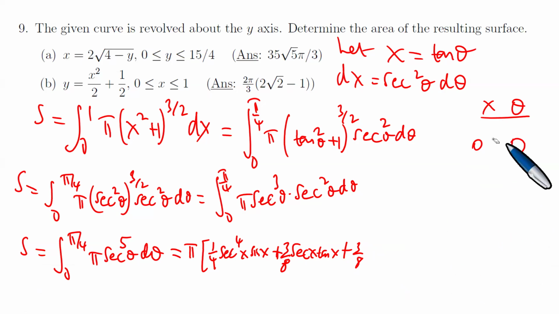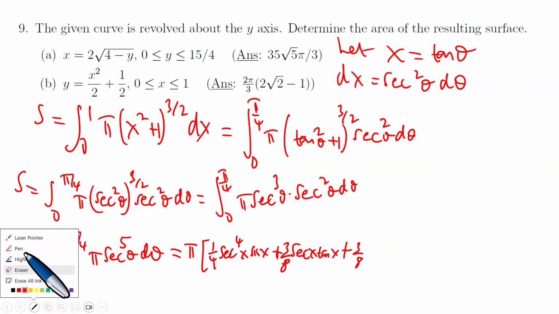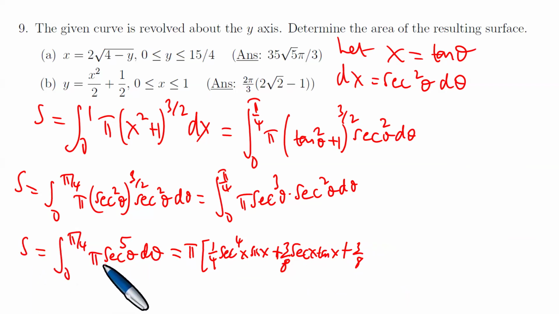By using integration by parts, we did it last time when we were doing the 142 module, finding the integral of the sec to the power 5. So it becomes 3 over 8, the ln of tan x, or rather theta. We're writing x here, it should be theta.